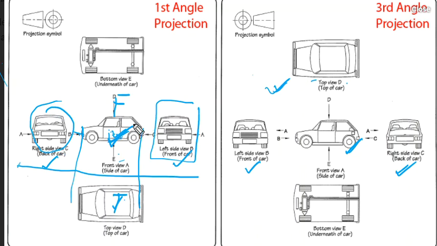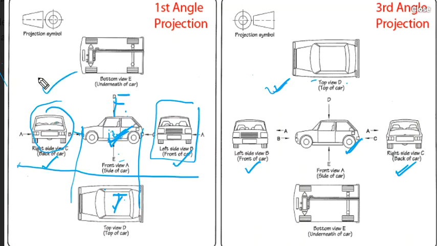That is the reverse process. In other words, in first angle projection, the front view will be drawn on top of the reference line, the top view will be drawn exactly below the reference line, the left side view will be drawn on the right, and the right side view will be drawn on the left side.